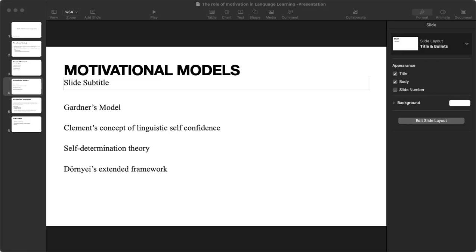And the last but not the least framework belongs to Dörnyei, who has developed a comprehensive motivational framework. And this framework has a focus on three components, which are language level, learner level, and also learning situation.